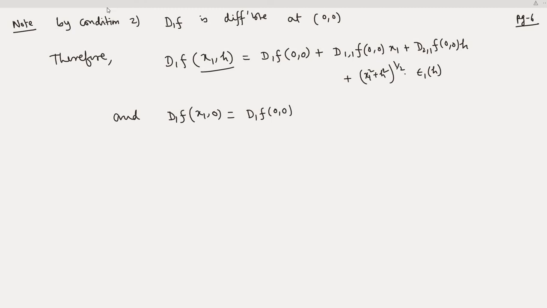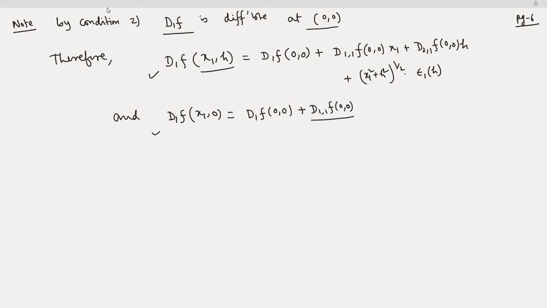So we are using this condition, d1 f is differentiable at (0, 0). By the definition of the derivative of d1 f at (0, 0), we have this equation and this one, plus d_{1,1} f at (0, 0).